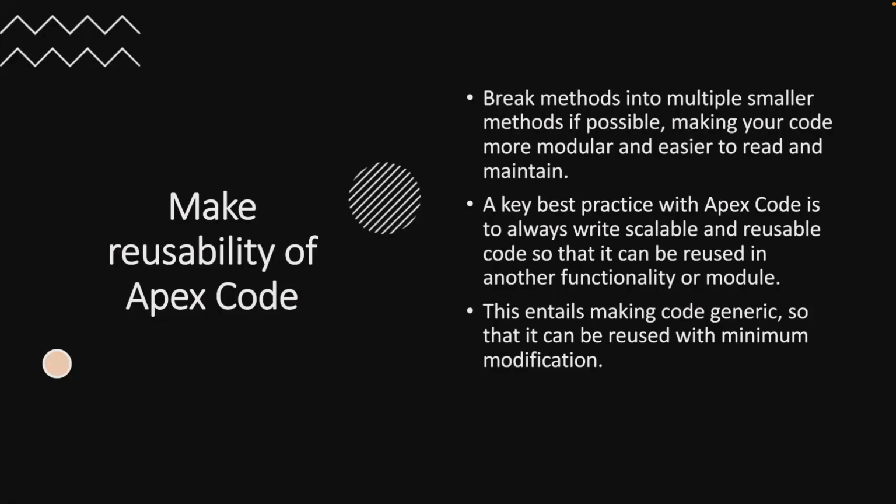Make reusability of code. We should prepare smaller methods for reusability. Whenever we design any module, we should collect some reusable methods, something like querying of SOQL records, querying of any object, then updating of any objects.